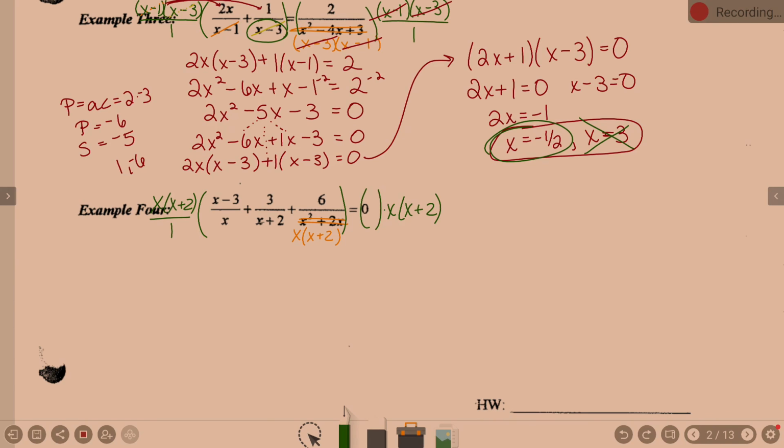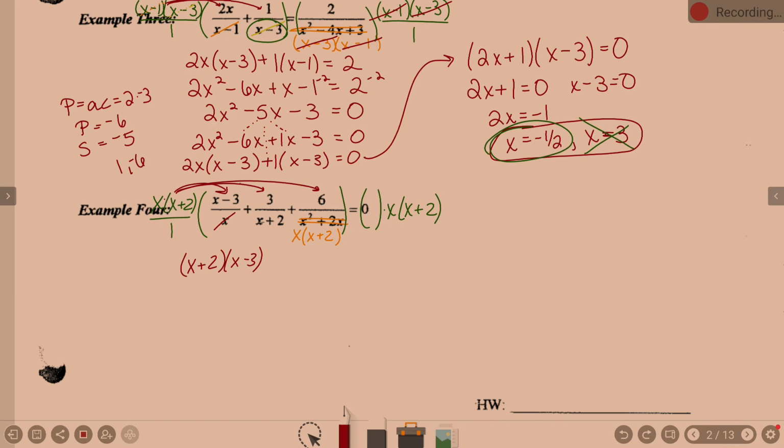This x times x plus 2 has to multiply by all three fractions, right? So on the first fraction, what happens? X cancels with x, and we're left with x plus 2, x minus 3.